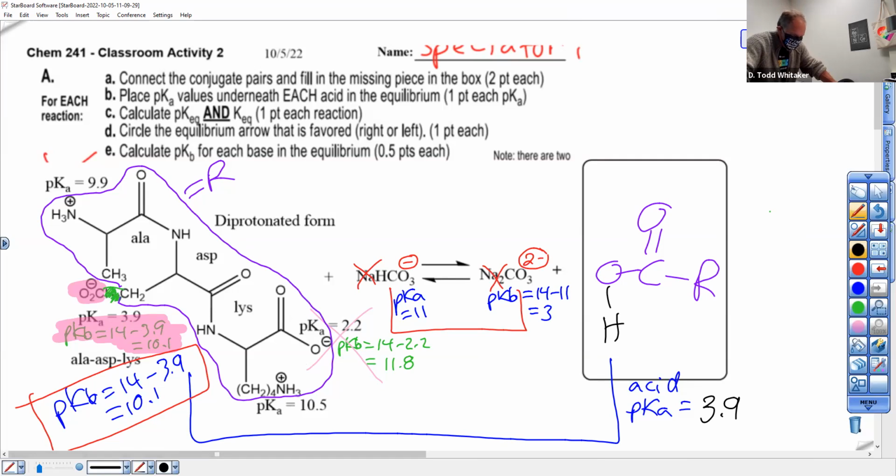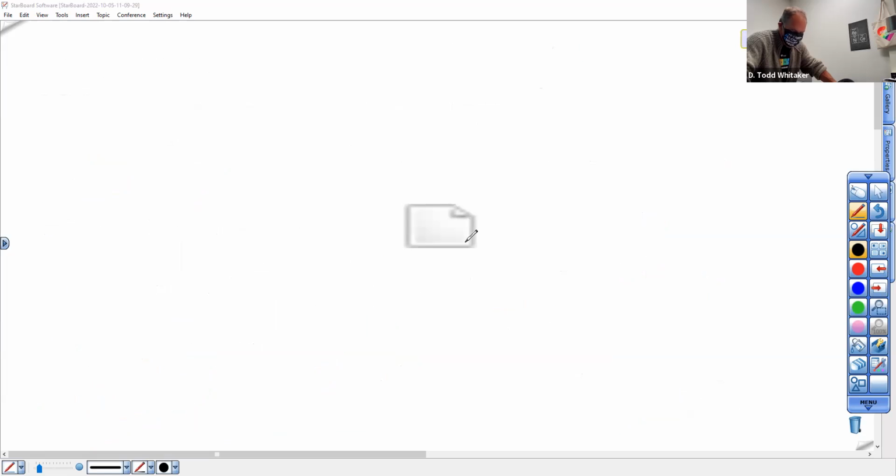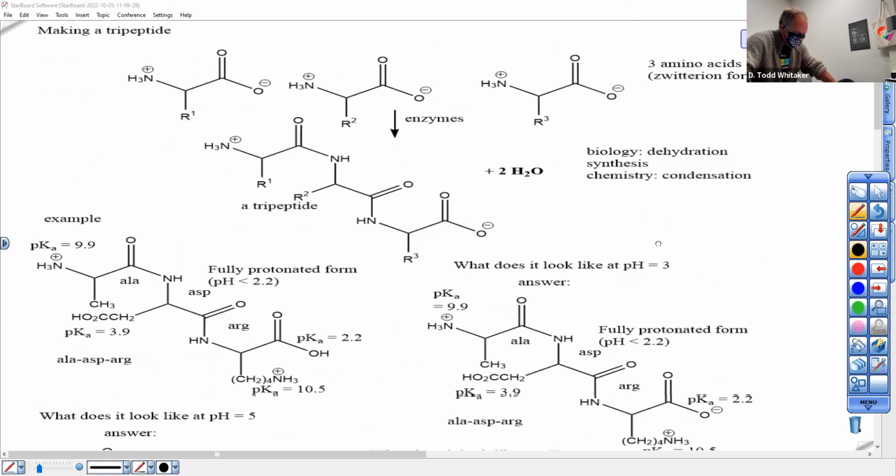The one we had in our exercise here was the, we had a different exercise somewhere. Yeah, we had the fully protonated in some exercise. Maybe it was here. No, this is a nightmare. There. Fully protonated form. It was at pH 2.2.